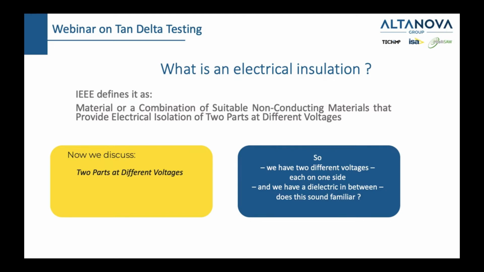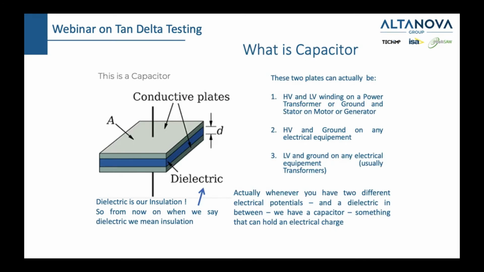Well, I hope it does, because it is the definition of a capacitor. And this is important because we are going to model the insulation today as a capacitor, so let us take a look at what a capacitor actually is. All of us have an idea or maybe know very exactly what a capacitor is, but a capacitor is exactly two conductive plates with a dielectric in between them.